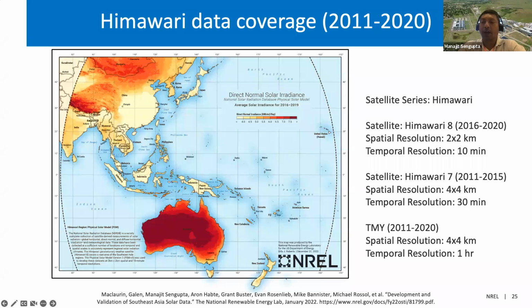Then the previous satellites have a slightly lower resolution, both spatially and temporally, so it's 4-kilometer by 4-kilometer in 30 minutes. And then, of course, because we have 10 years of data here, we have also produced a TMY, which is available for our users. Again, there's a publication which you can freely access from the NSRDB publications website. Next slide, please.